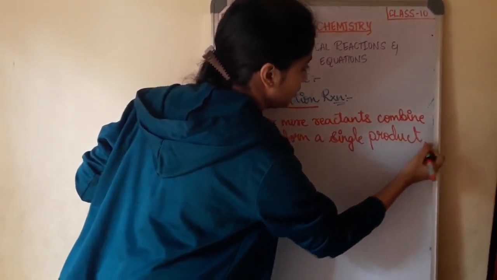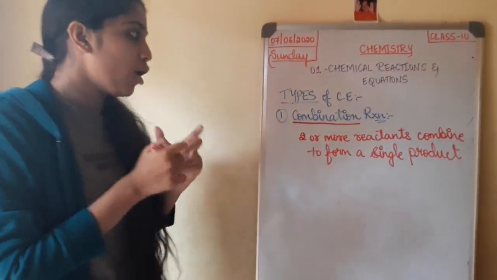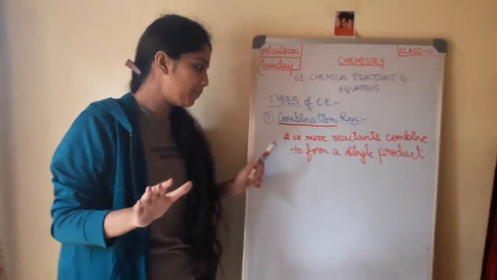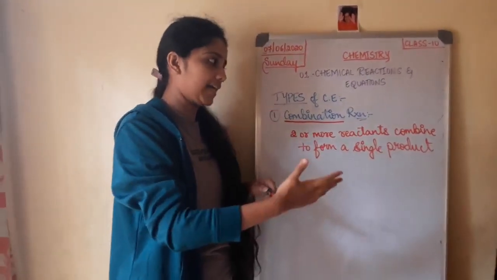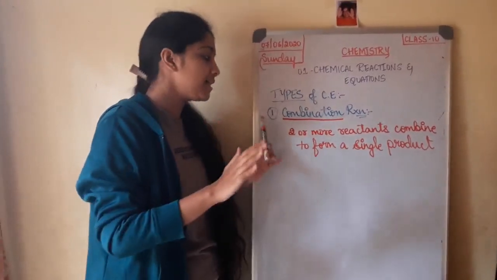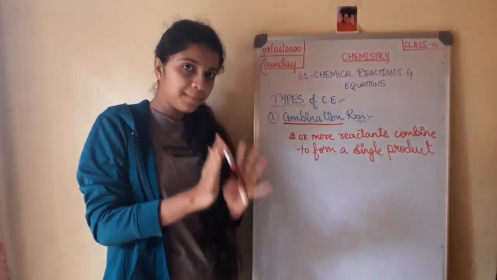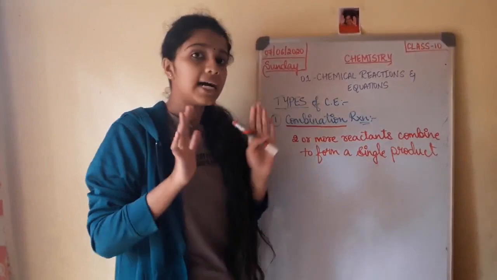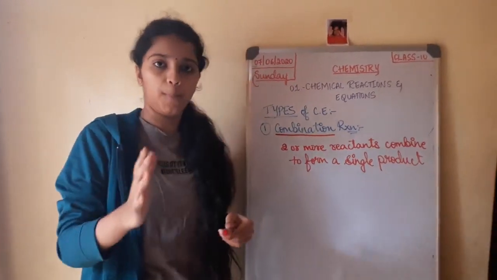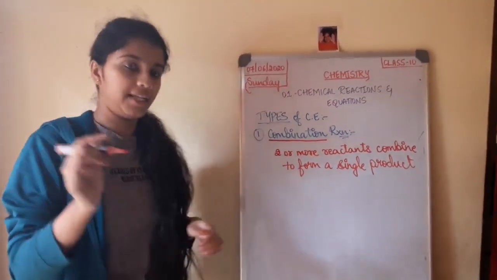This is the definition of a combination reaction. It is very simple. When 2 or more simple reactants combine to form a single product or a single compound, this is what we call a combination reaction.